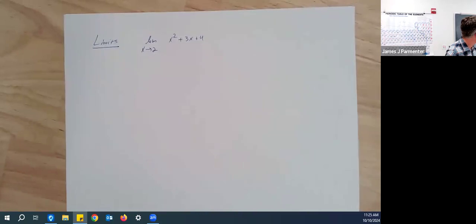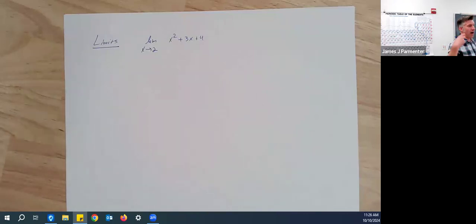I could graph it. I'm not going to graph it. But if I graphed it, or if you graphed it, you know I'm going to have what kind of graph? Parabola. And it's not going to have any breaks or anything because it's a nice parabola. It's a polynomial. Polynomials are famously continuous everywhere, differentiable everywhere.